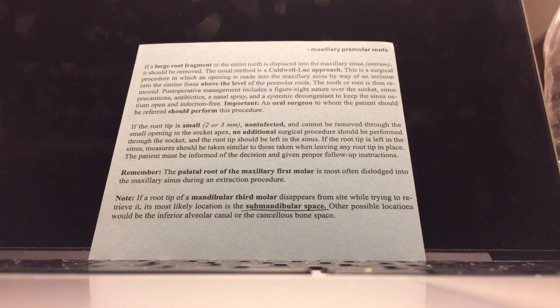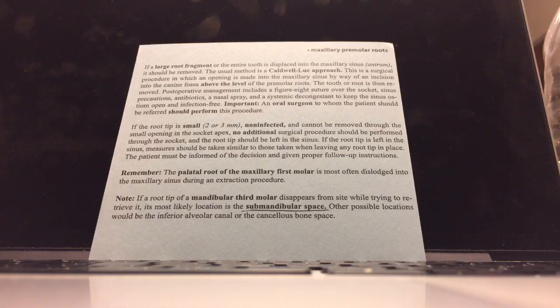Again, this is a surgical procedure in which an opening is made into the maxillary sinus by way of an incision into the canine fossa above the level of the premolar roots. The tooth or root is then removed.